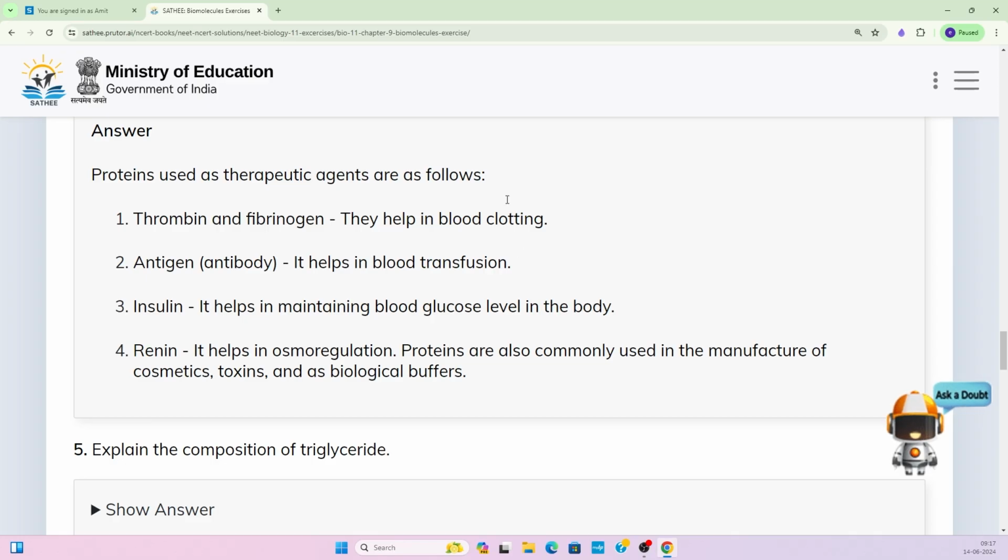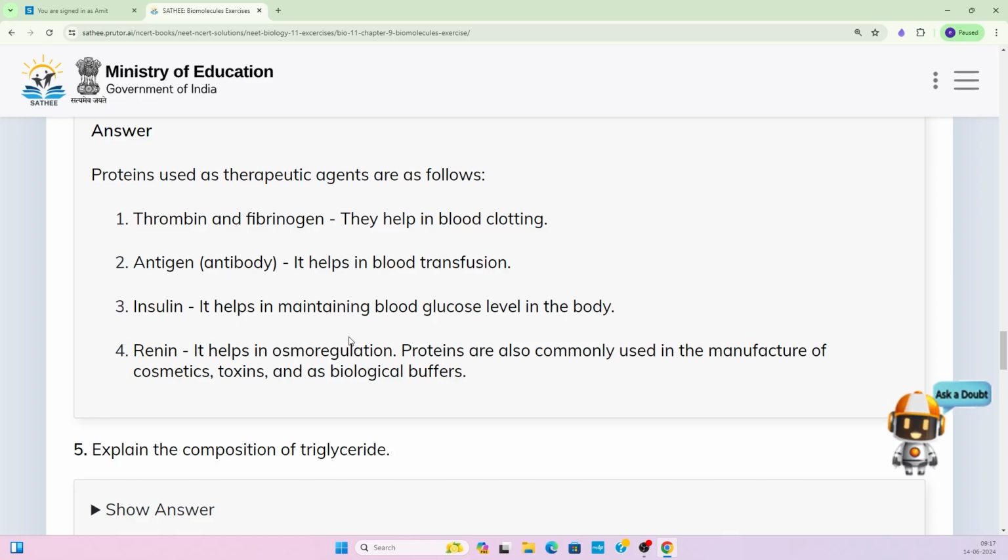Next is insulin. It helps in maintaining the blood glucose level in the body. Now, this is from one very important mixed organ, that is the pancreas, right? It synthesizes hormones as well as enzymes, so that is why it is called a mixed gland, right?